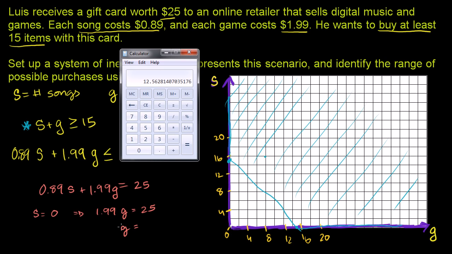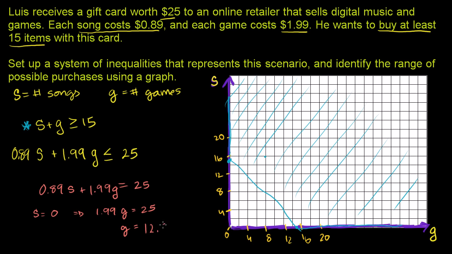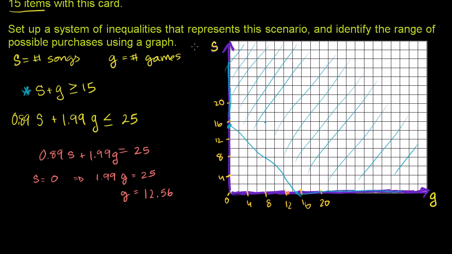G is equal to 12.56. So when s is 0, let me plot this. When s is 0, g is 12.56. This is 12. This is 14. 12.56 is going to be right there, a little bit more than 12. That's that value there.